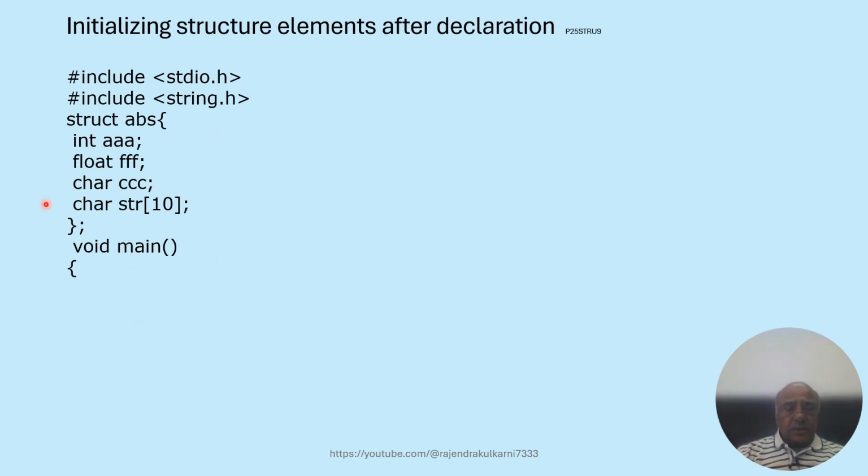Now how to initialize these in the program after declaring a variable of type struct ABS?